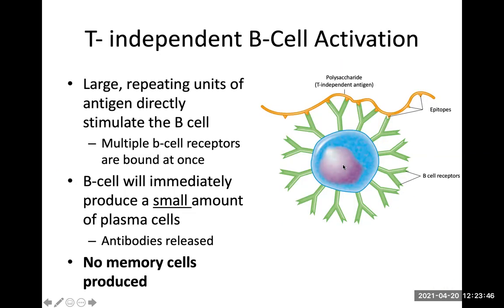So without a helper T cell, and only in the presence of large repeating units of antigen where you get multiple binding to the receptors at once, you can immediately get a small subset of plasma cells to secrete antibodies. You will not have any memory, okay? So no memory cells are produced, but you get this immediate reaction, and that's it for this.